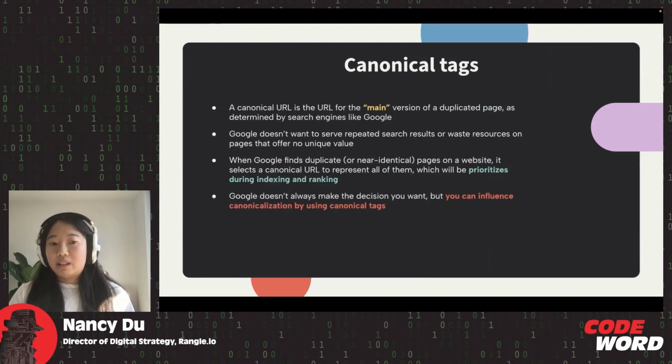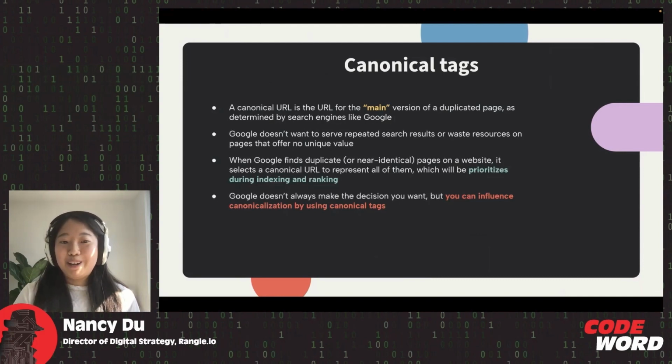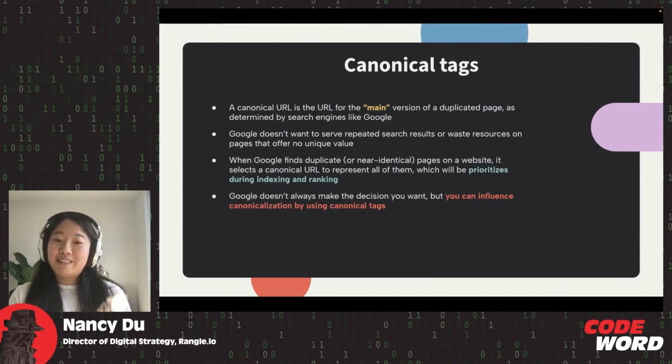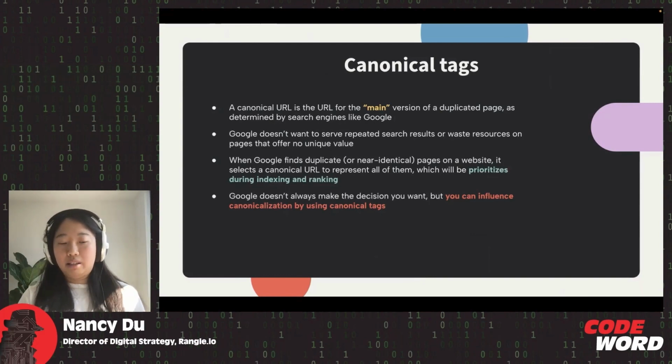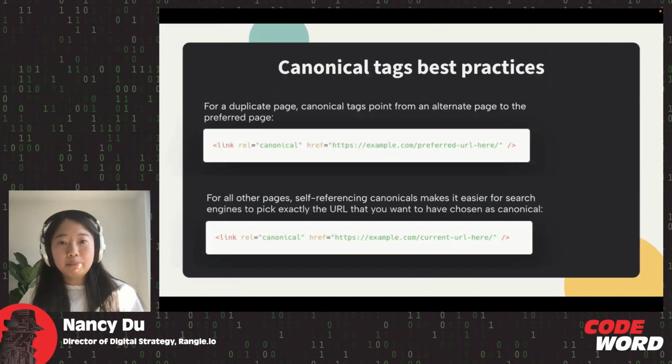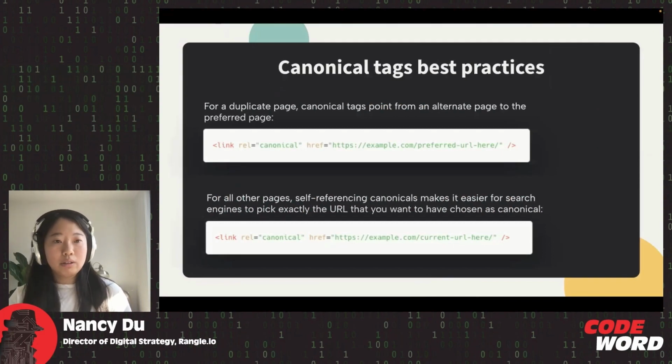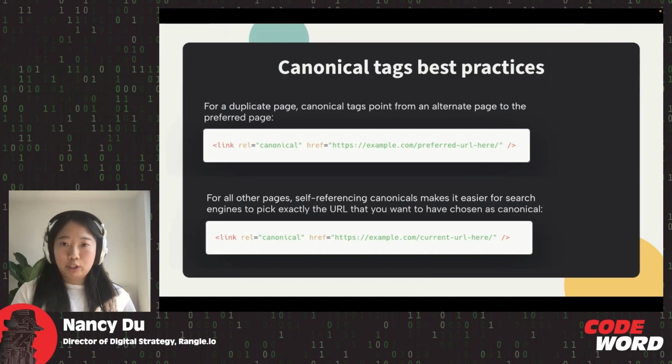The good news is you can make that decision yourself and not leave that decision up to Google by creating canonical tags in your pages. Some best practices around canonical tags: if you do have duplicate pages or pages that have relatively similar content, it's best to pick one main page or the preferred URL that you want to send traffic to.